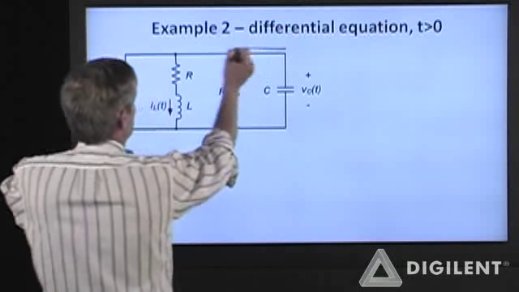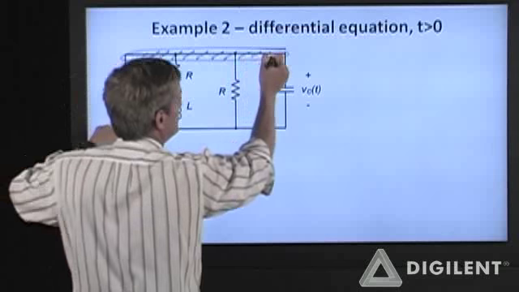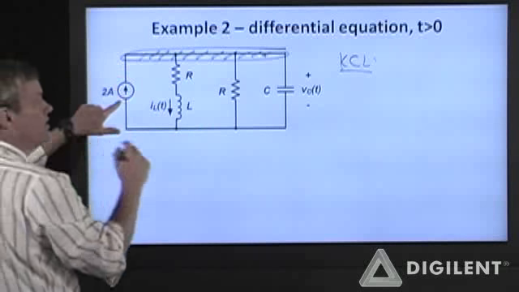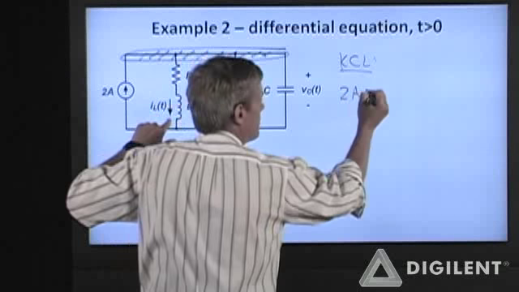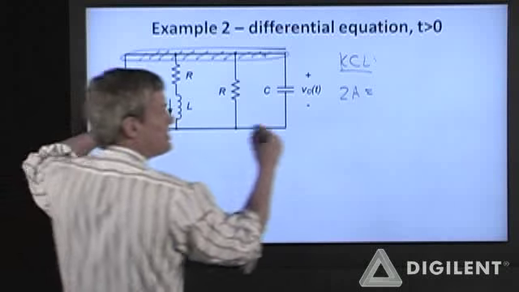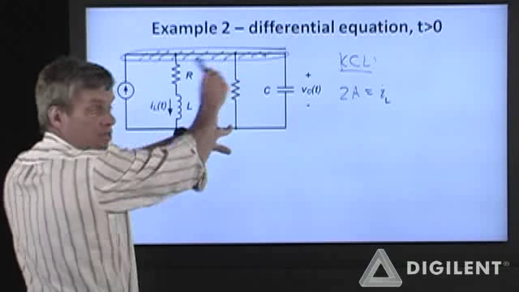I think the first one that I'll do is KCL at this upper node. So KCL tells me that the current into the node, which is 2 amps, is equal to the current coming out of the node, which is this current. Current through this leg is given just as I sub L. It's one of my unknowns. Plus this current.